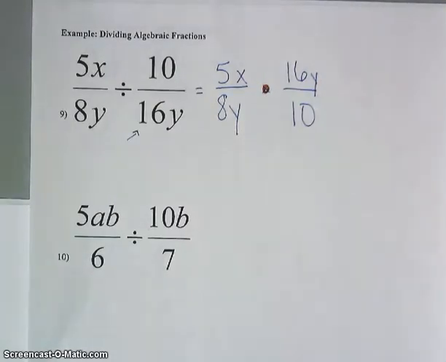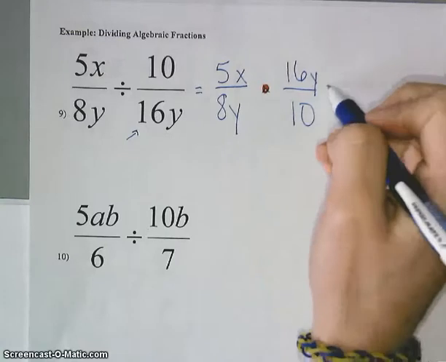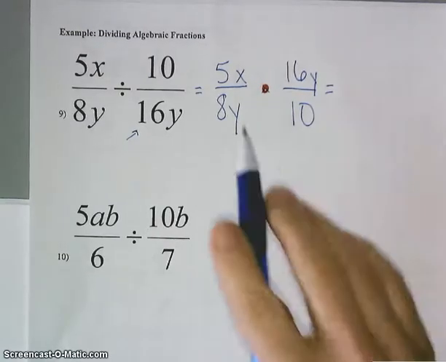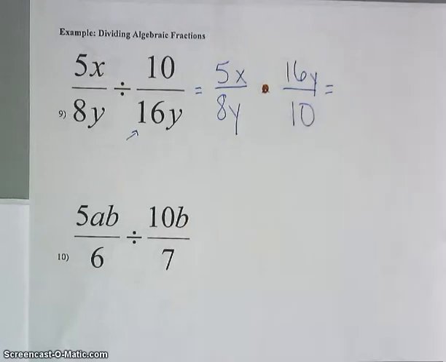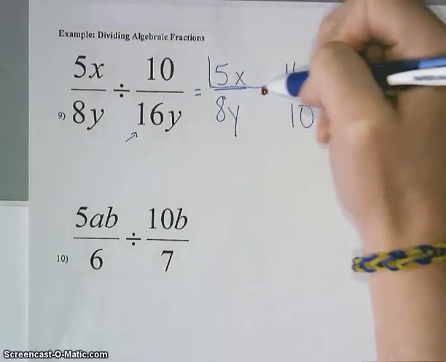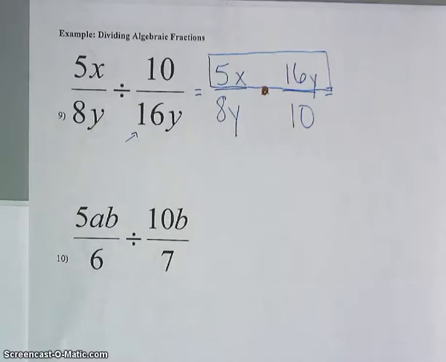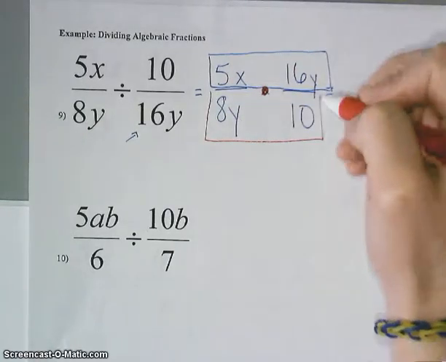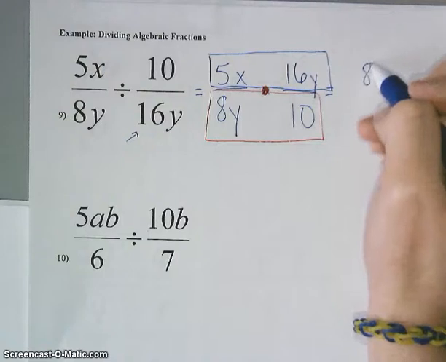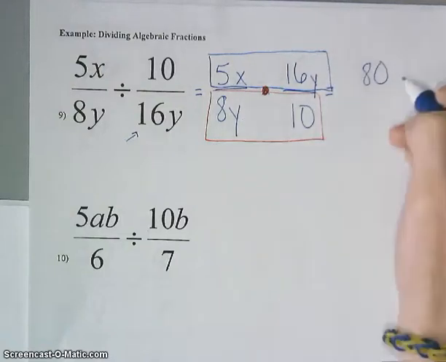Seeing x's as multiplication signs can get a little bit confusing. Okay, so next step, once again, if you're ready to start cross-canceling, you can start cross-canceling your y's and your x's if there is any. But let's just continue with our process of multiplying the top and multiplying the bottom. So I have 16 times 5 is 80. X times y is just xy.